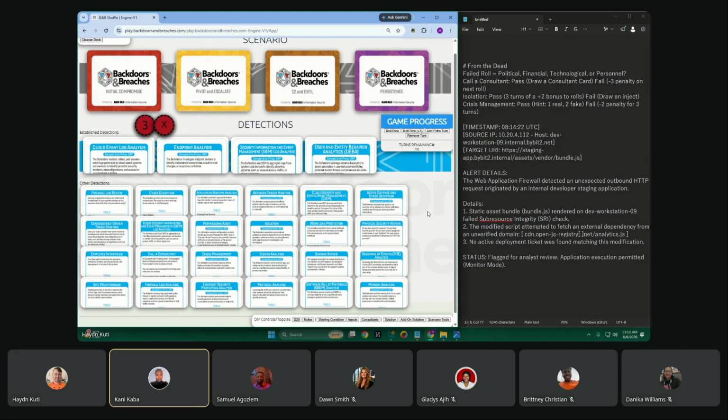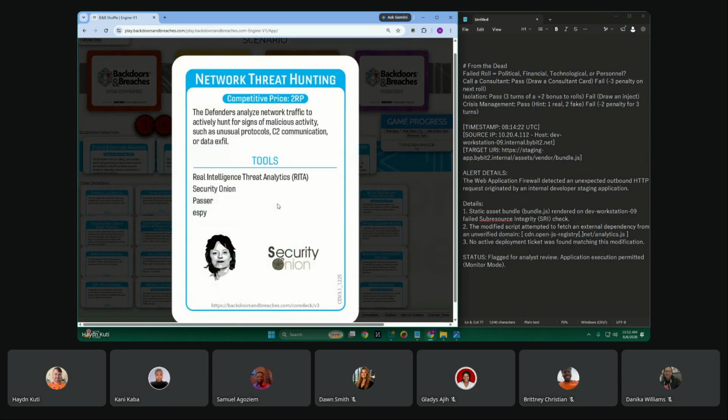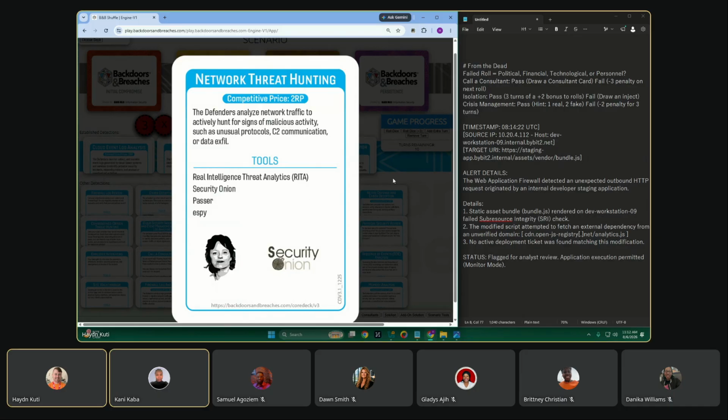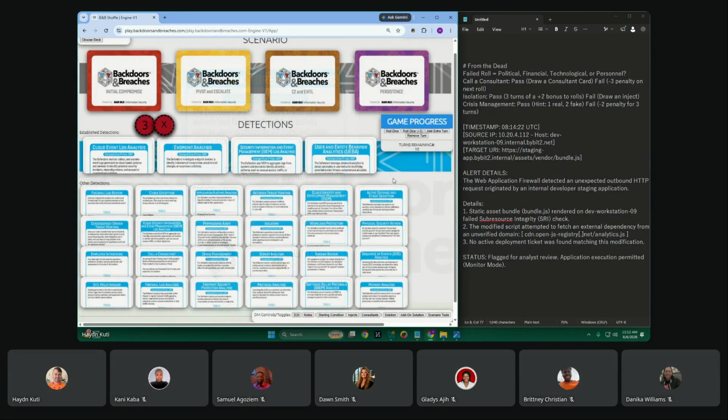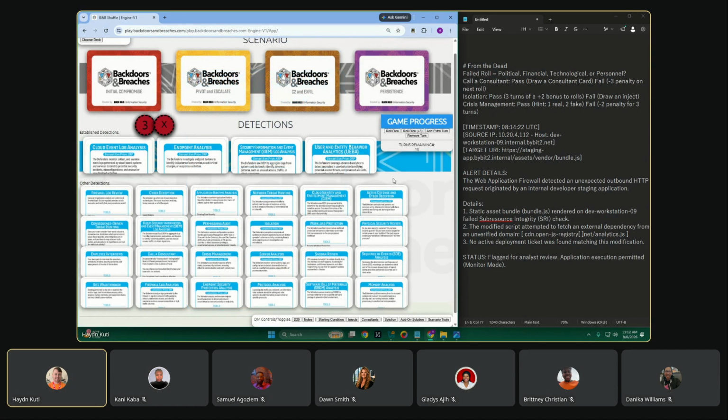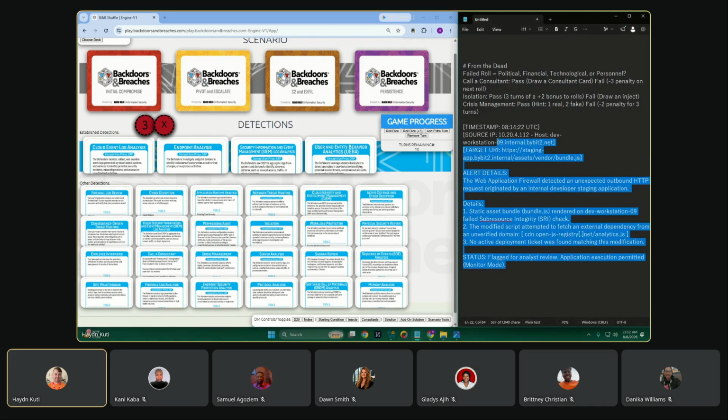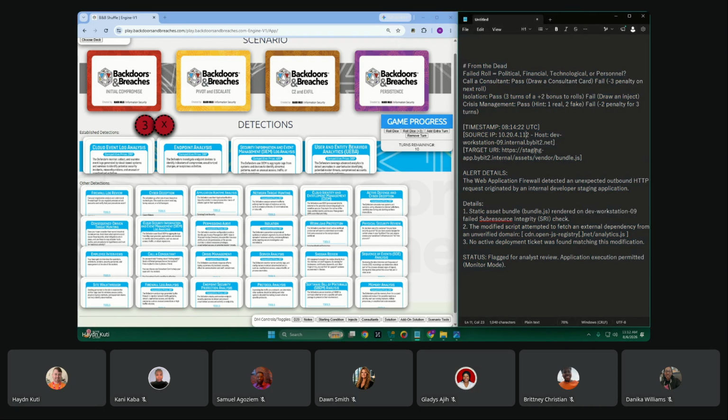If I understand detection, we have to choose one below, which of those detections we have to find one. If I understand right? Yeah, you guys are gonna check out cards that you think are relevant based on the alert here.